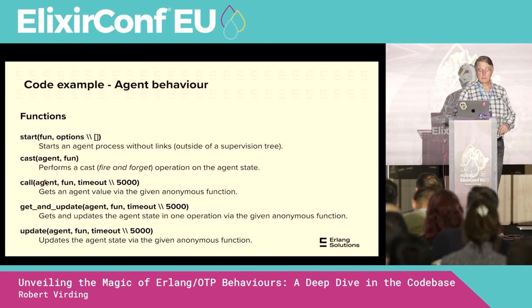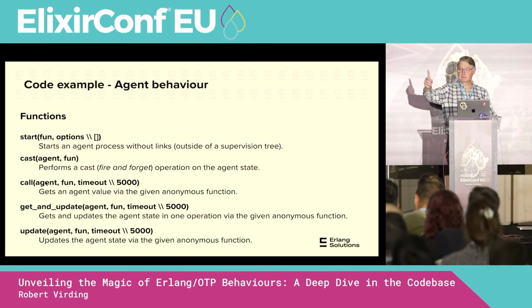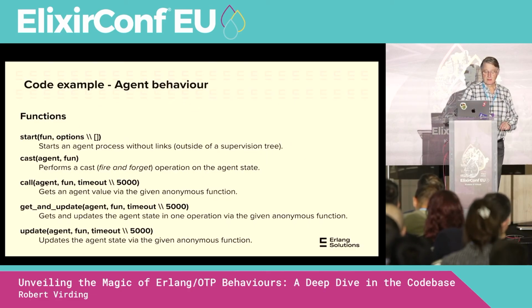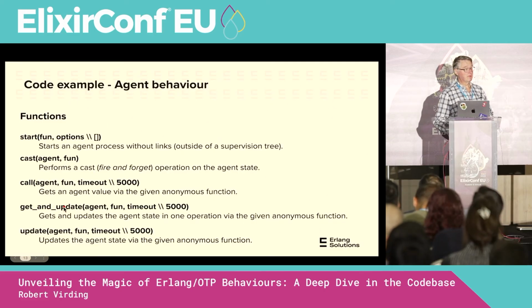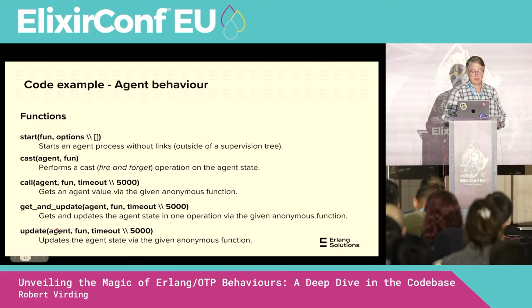I can do a call with a fun as well, which says I'll send that fun in. It will process that call on that behavior data, and it will send the reply back to me. I can do get and update, which both sends the reply back and updates the state for me, or an update here, which just updates the state.